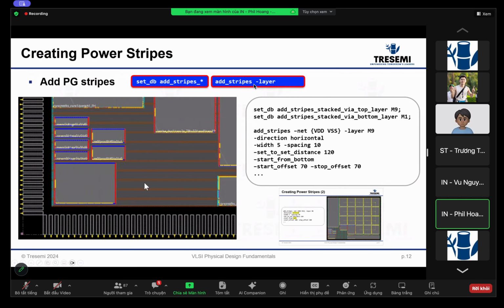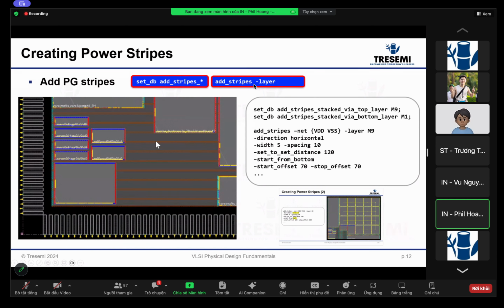So you are building, so underneath here are standard cells. So you say, I want to build the stripes of metal 9 horizontally, and I'm going to do each of them with a width of 5. The spacing between them is 10. This is a pair, so in between the VDD and VSS, spacing is 10, and set-to-set distance.